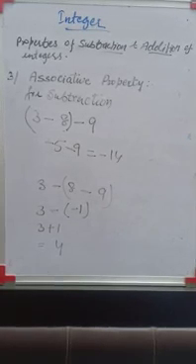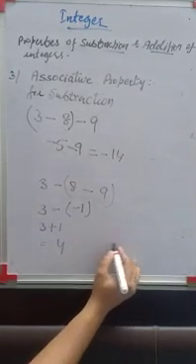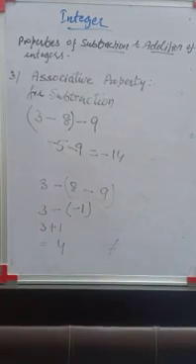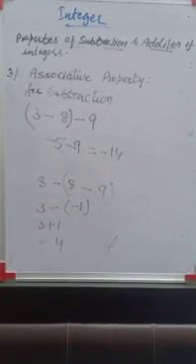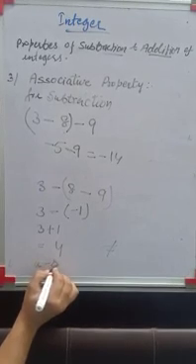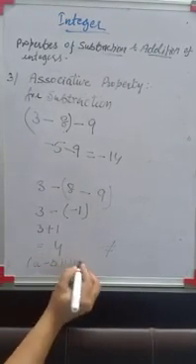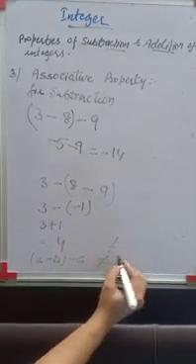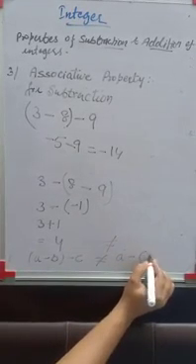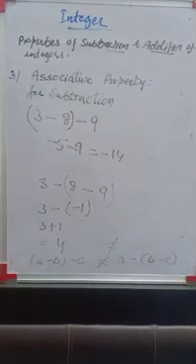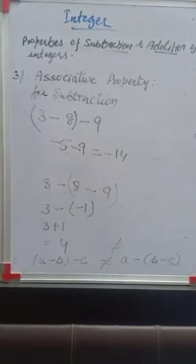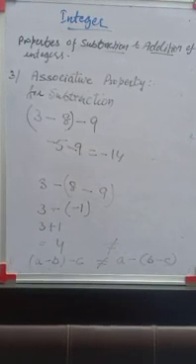That means the associative property is not true for subtraction. Or we can write that (A minus B) minus C will not be equal to A minus (B minus C). That means the associative property is true for addition, but it is untrue for subtraction.